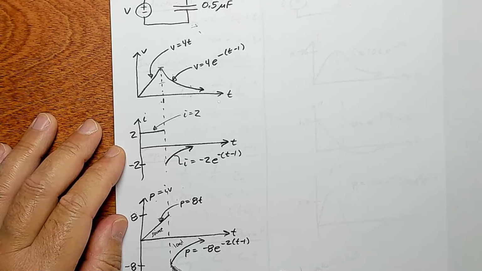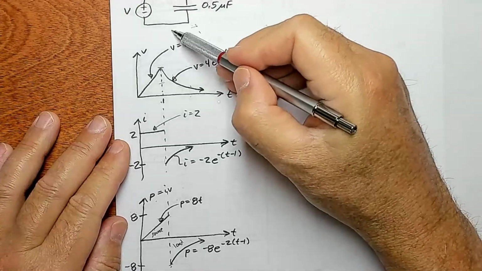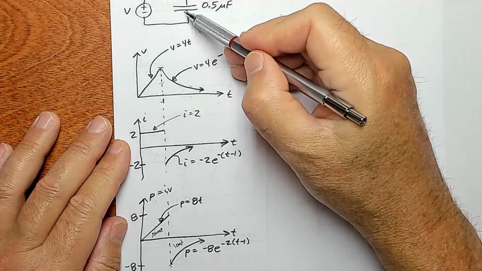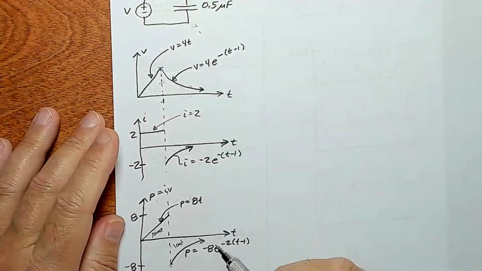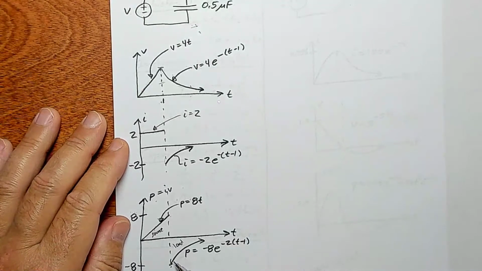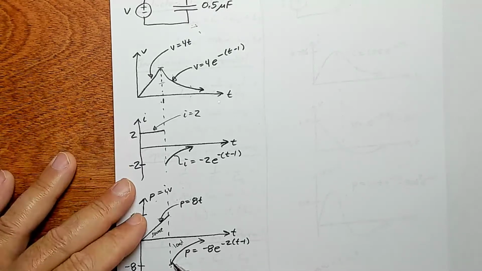Likewise, the power immediately changes direction. The power was initially flowing into this device, and now it's flowing out. I don't want to wander off too much about the nature of this power flow, but maybe later. So it's flowing into the device, and then it's flowing out of the device.